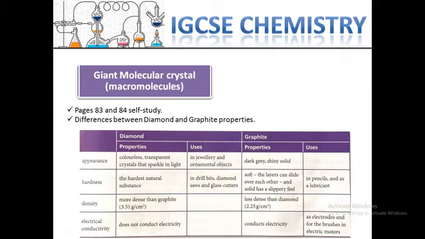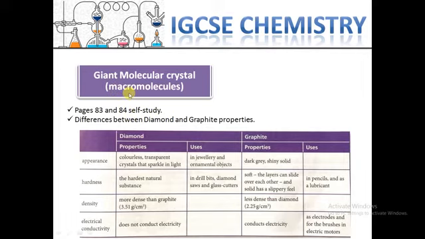About the giant molecular crystal or macromolecular structure, you need to do some self-study. There is no important point, except you need to learn the differences between diamond and graphite. These are two important materials from the macromolecules.